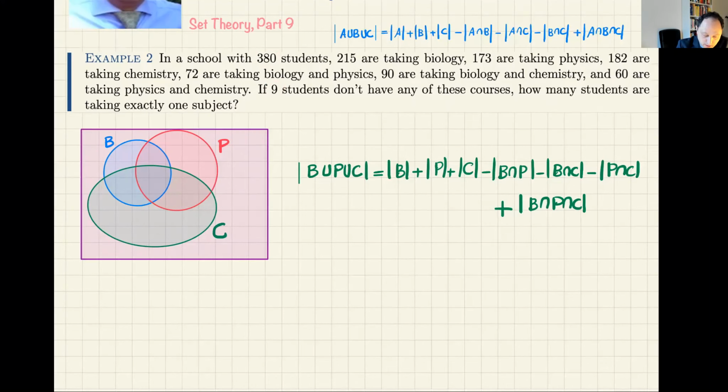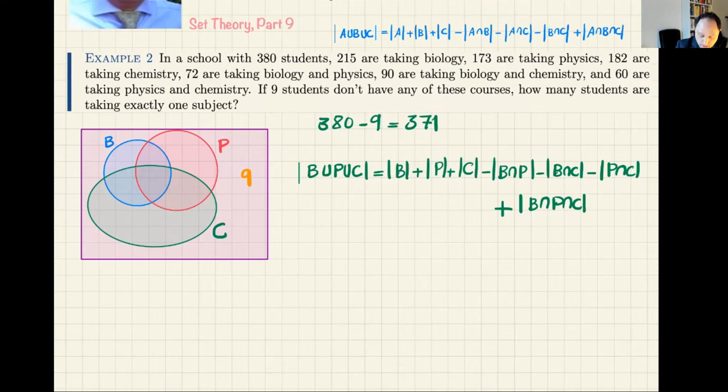So it means that how many people are here? So I can write 9 students are here. And then what is left is 380 minus 9, which is 371, yes?